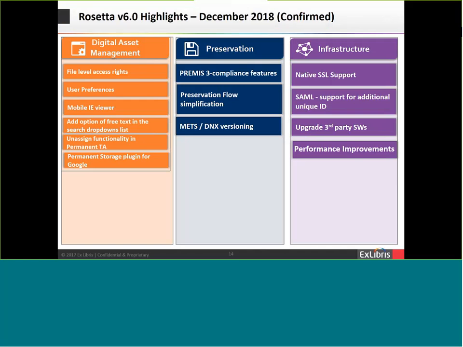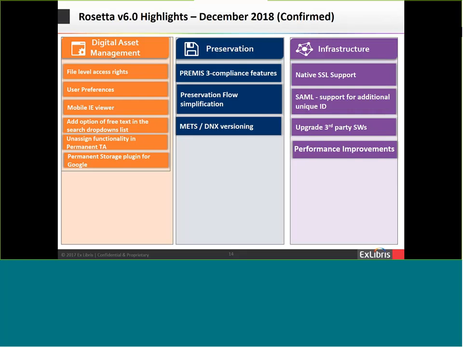Again, these are just some highlights coming through in Rosetta 6. We have many more things coming through. We're going to see some really strategic features in preservation. We're going to have some compliance with Premis 3 features, a lot of work being done here by the work groups.